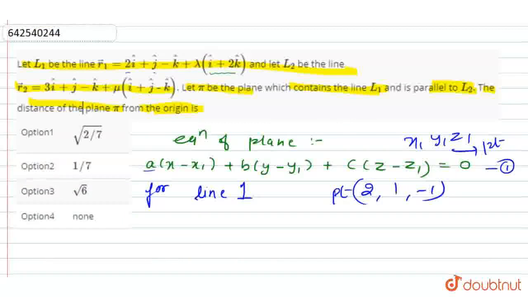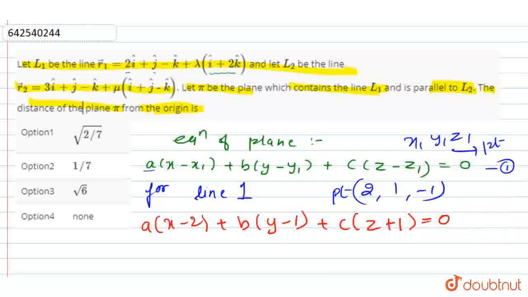So let's substitute these points in the first equation. We will get a(x - 2) + b(y - 1) + c(z + 1) = 0. Now we have another line to which the plane is parallel. That means its direction ratio, its normal vector, will also be normal to the plane.